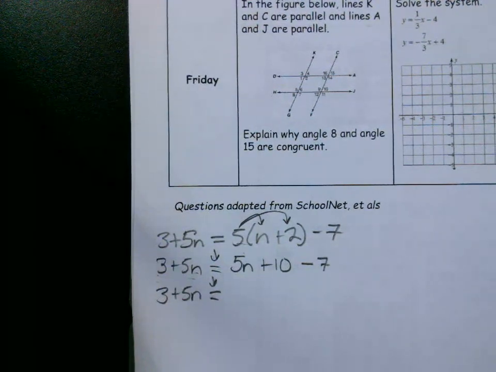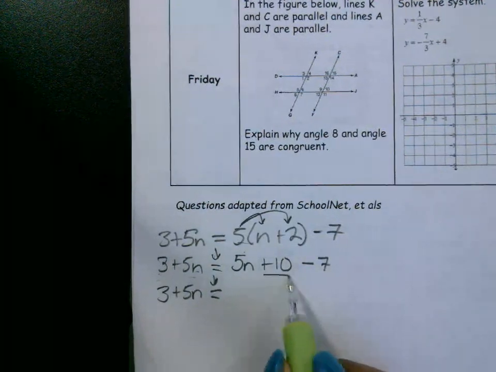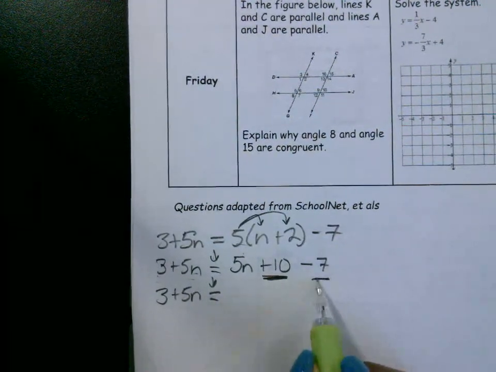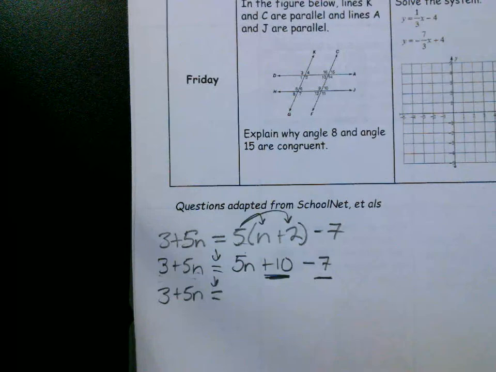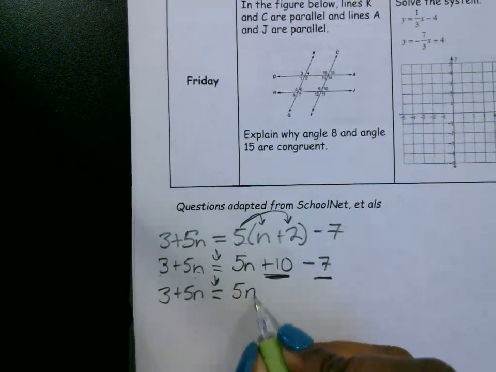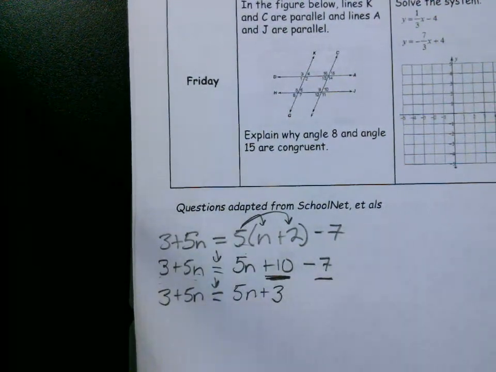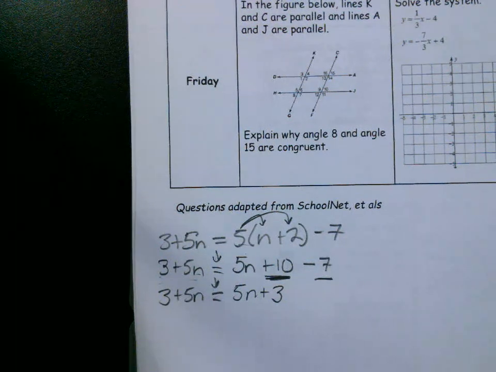Now we're going to combine like terms: 10 minus 7. It is 3. So we have 5n plus 3. Good job.